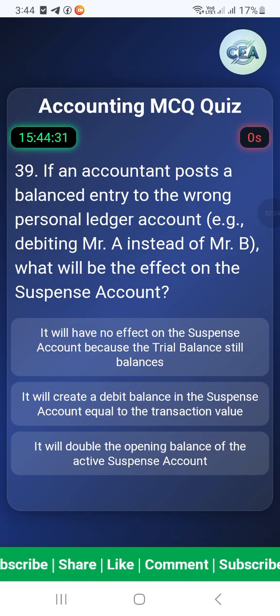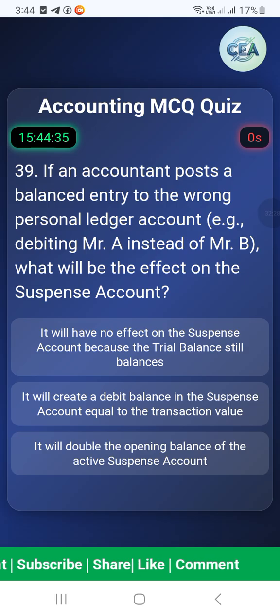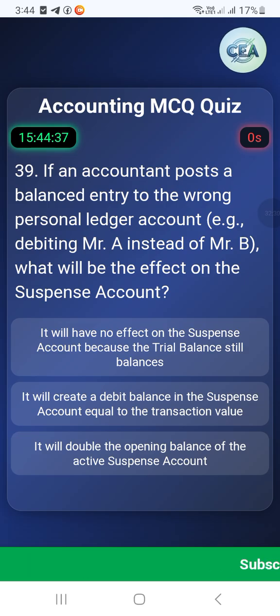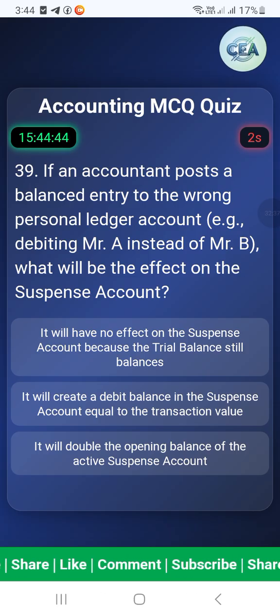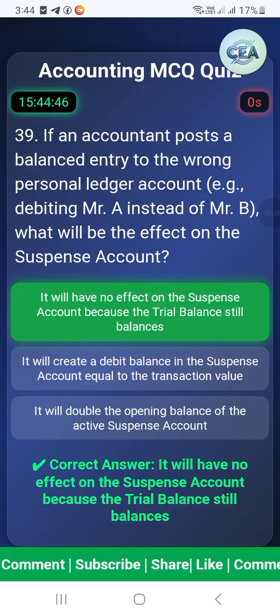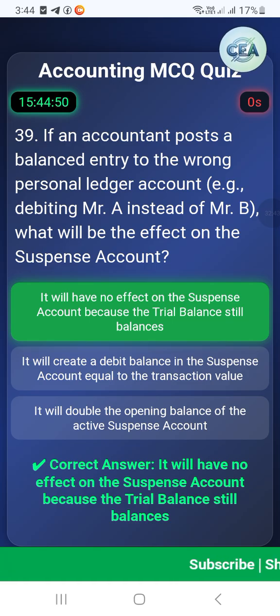It will create a debit balance in the suspense account equal to the transaction value. Option 3. It will double the opening balance of the active suspense account. Correct answer is it will have no effect on the suspense account because the trial balance still balances.